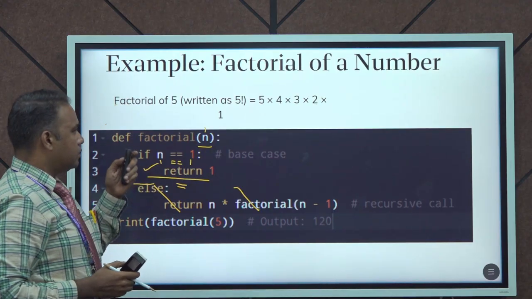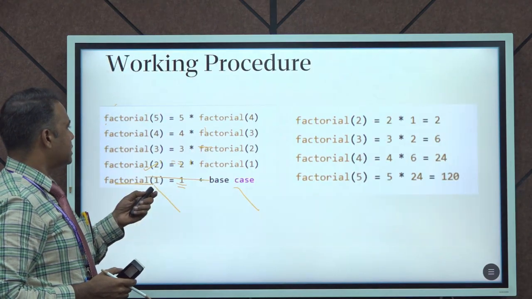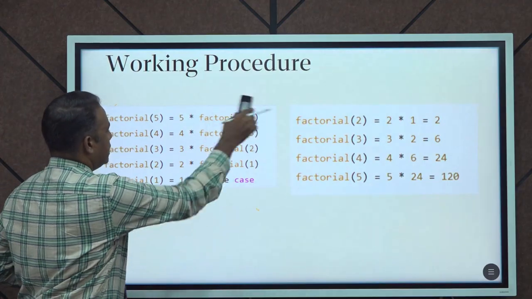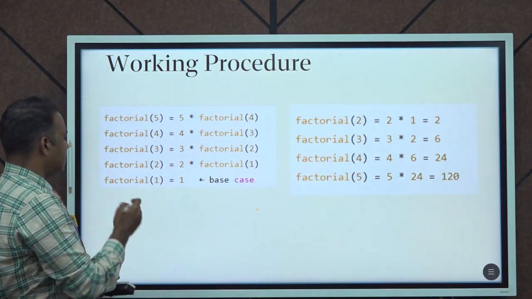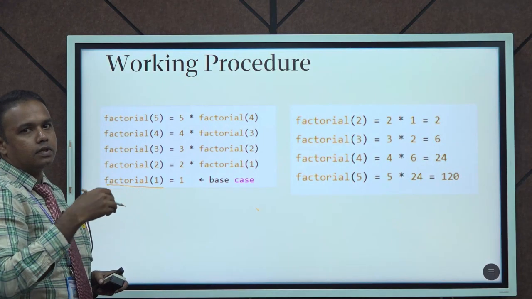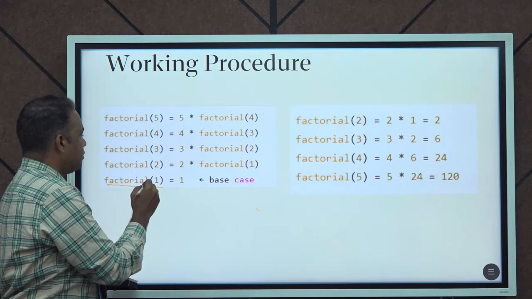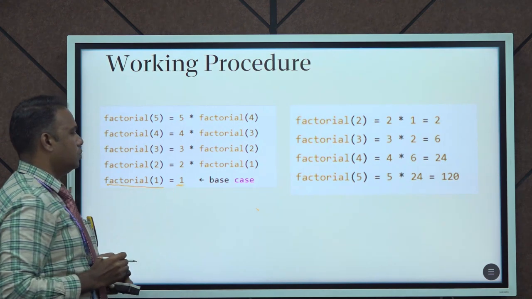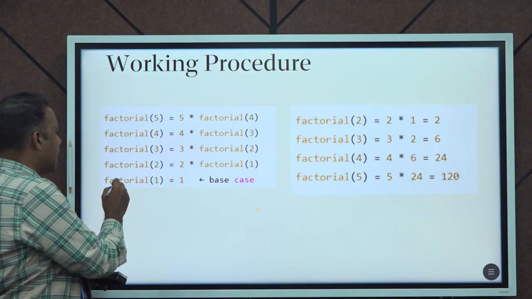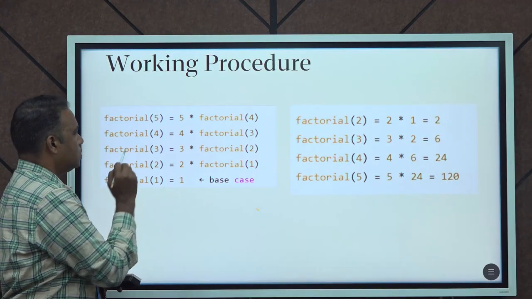So when the case comes, what is that case? Factorial of 1 will return the value 1. When there is the final recursive call, factorial of 1, the value returned is 1. Now, we know the value of factorial of 1 is equal to 1.